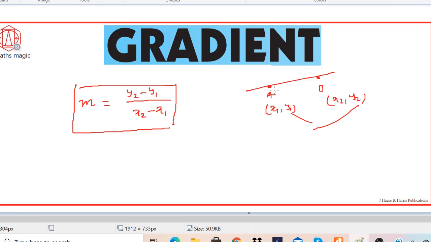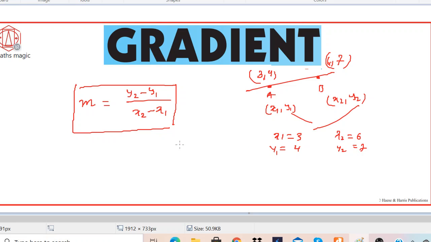So let's say the coordinate of A is (3, 4) and the coordinate of B is, let's say, (6, 7), and we are looking for the slope of this line. So we have x1 as 3 and y1 as 4, and x2 is 6 and y2 is 7.